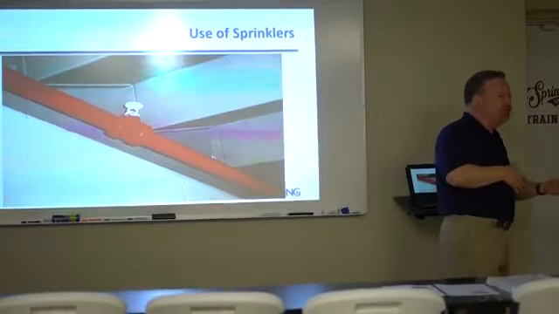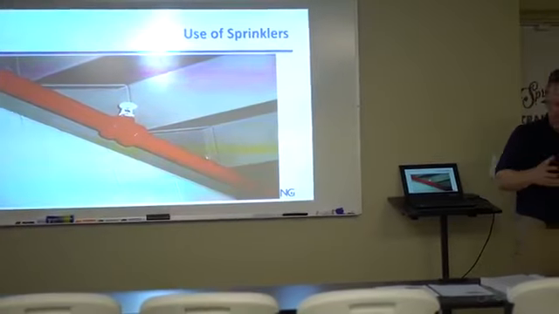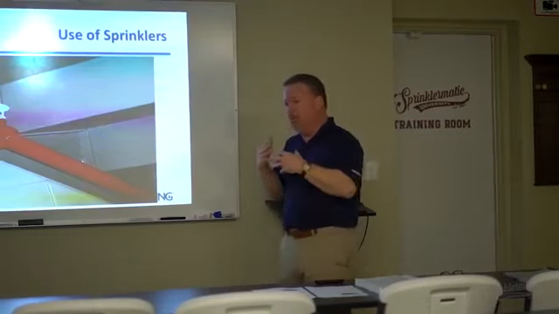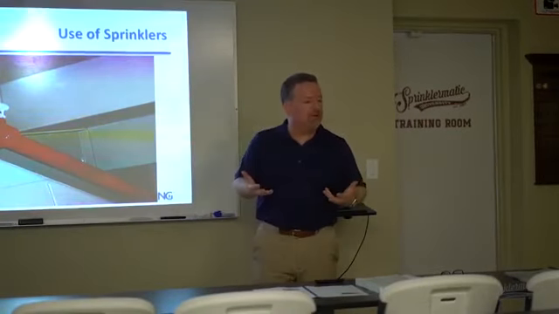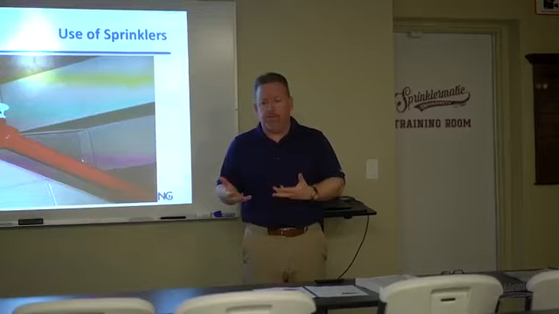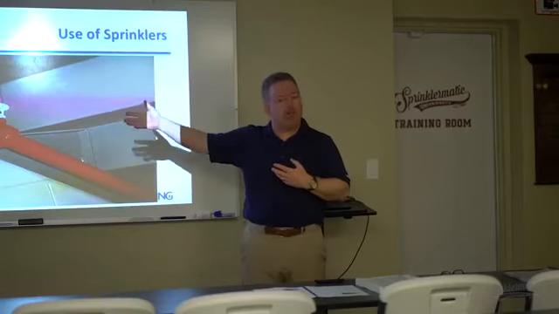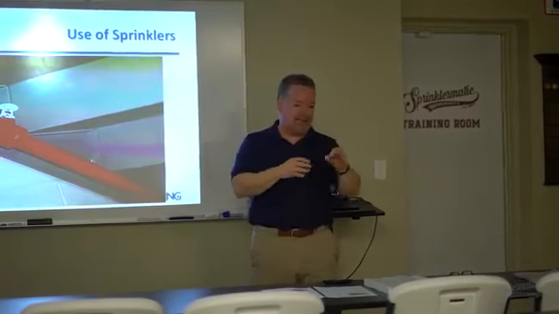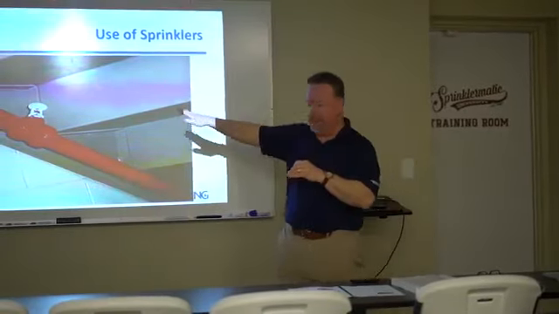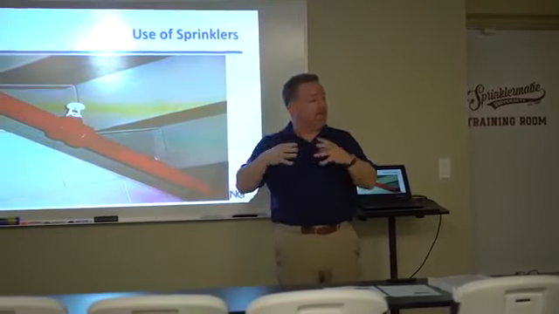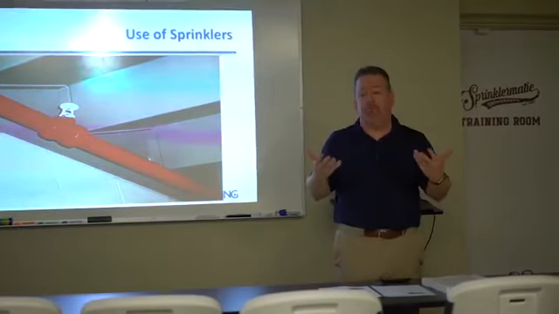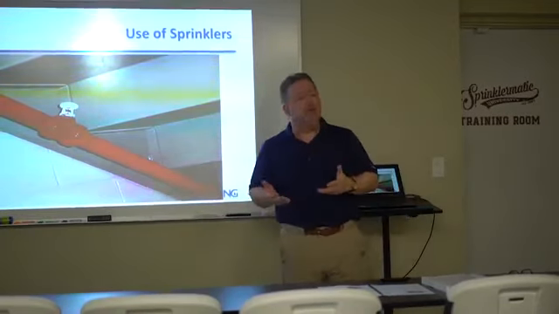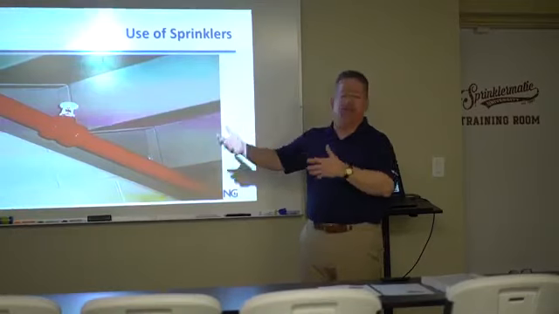Now, it's also important that when we look at the design criteria used for the sprinkler, what it's designed to protect, is critical, because it's going to deliver a certain amount of water. And that amount of water is dependent on the size of the orifice, the opening of that sprinkler, and the pressure of the water flowing through it. Right? There's a formula that we use for everything that we do in sprinklers.